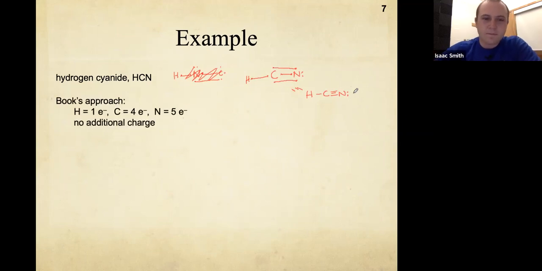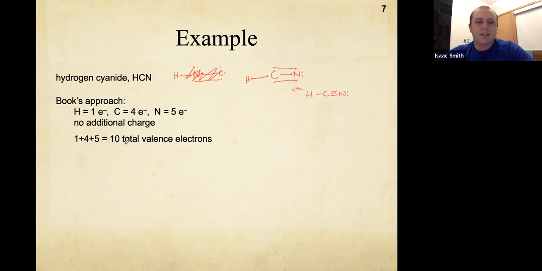Oh yeah, the book's approach. So I just did the Lego approach that we talk about. The book's approach says count up all the electrons first. What I mean by that is the valence electrons. So hydrogen has 1 valence electron, carbon has 4 valence electrons, and nitrogen has 5 valence electrons. You add that up, you'd get 10 electrons, so 10 total valence.